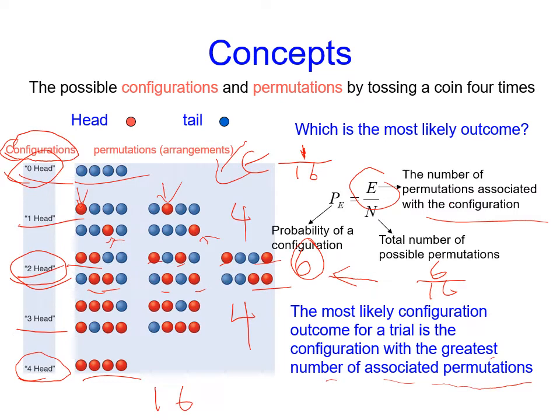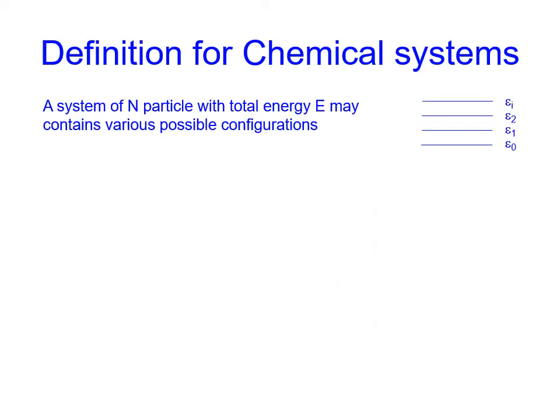Let's now look at the chemical system. Quantum mechanics tells us that at the microscopic level, molecules or particles can only have certain allowed energies called quantized energies.